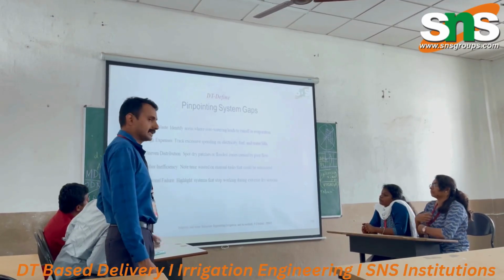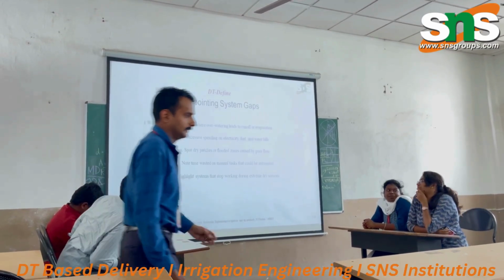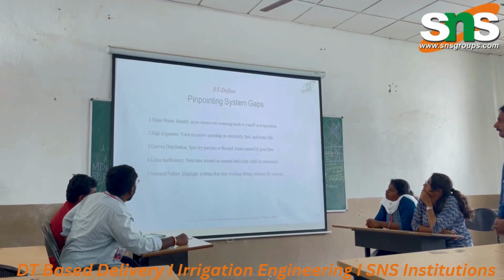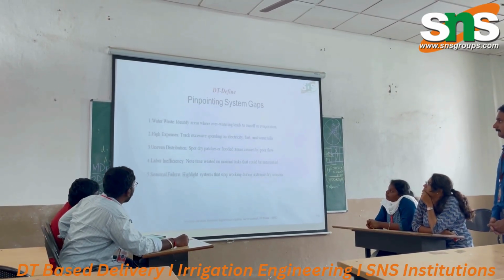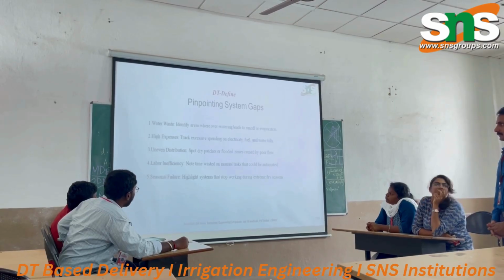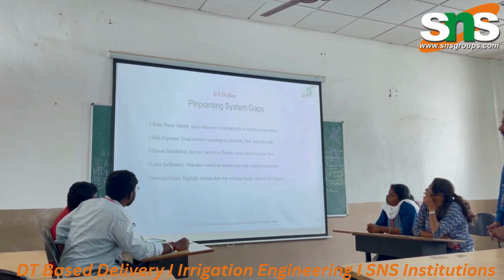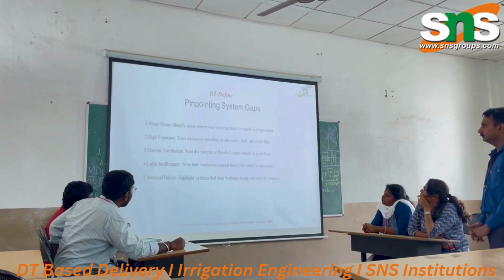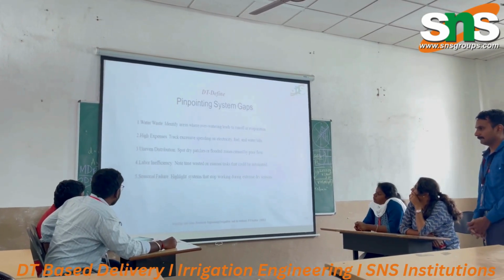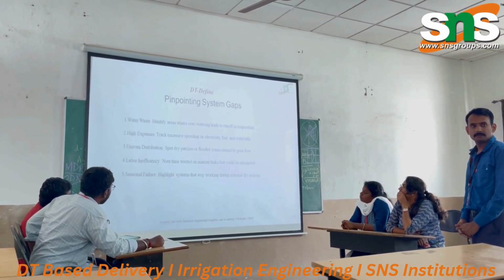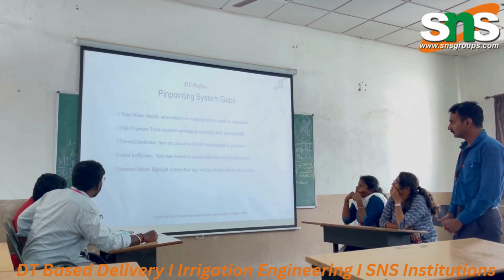The next define stage will be explained by Mugilan. Pinpointing system problems. Water waste: over-watering will lead to runoff and evaporation. Expense: track expansion spending on electricity, fuel and water bills. Uneven distribution: spot dry patches and zones with poor flow.